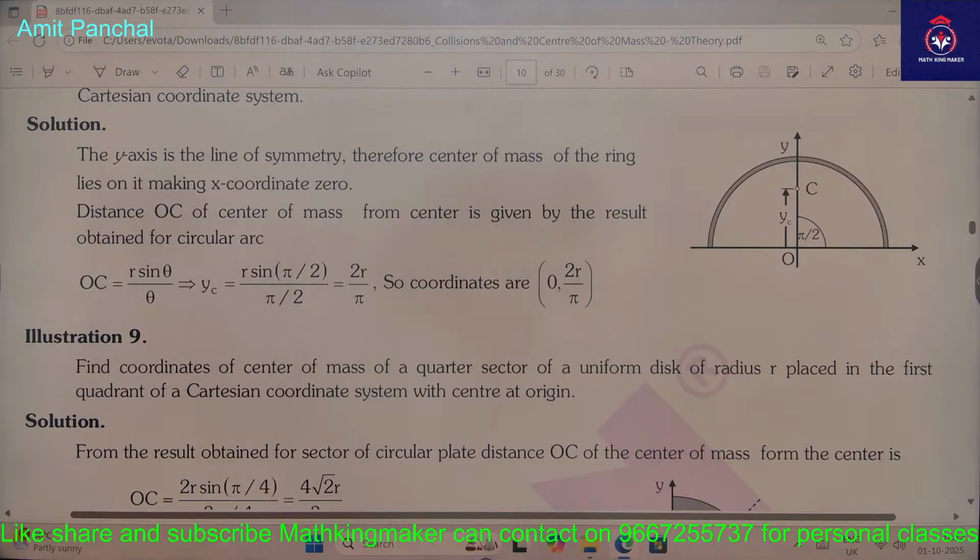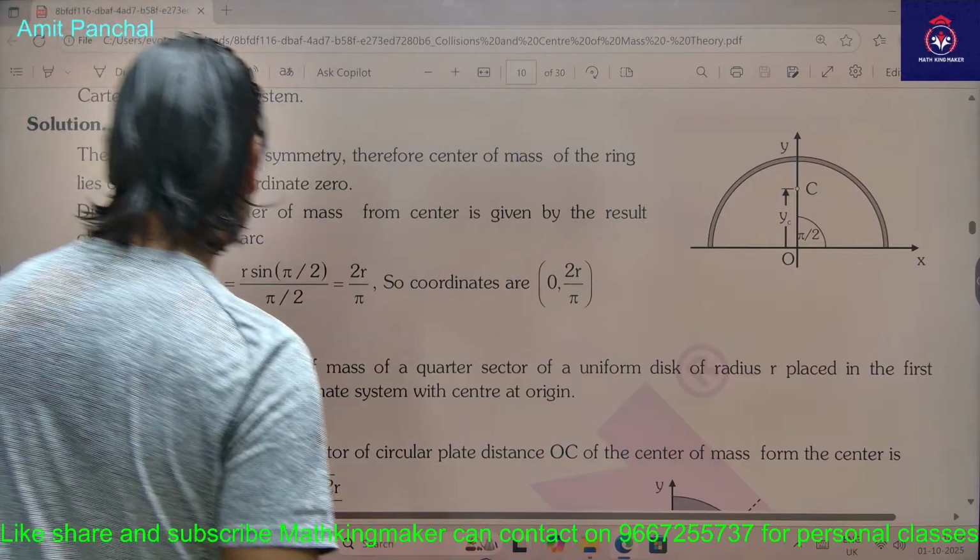Okay. So you found OC? Yeah, I told you the value of OC. Now find the center of mass coordinates. I found it for y and it's coming as 4 by 3 divided by 3 by 4 pi. Why is it so?